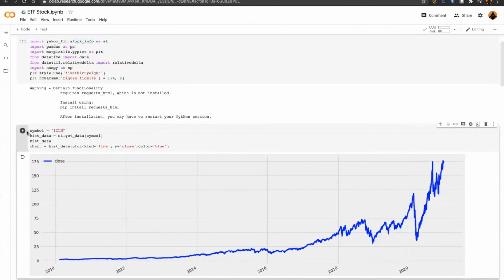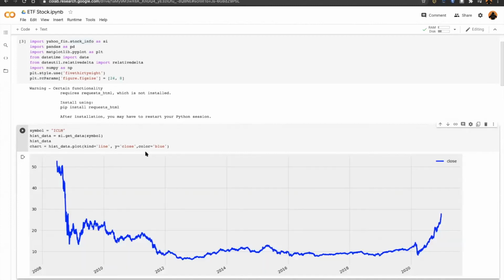Okay. So it started from around 2018. Then it went hugely down. Now it's coming back again, which means this one is good, I believe.